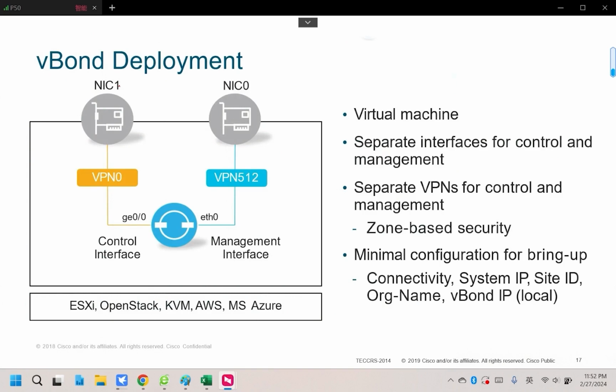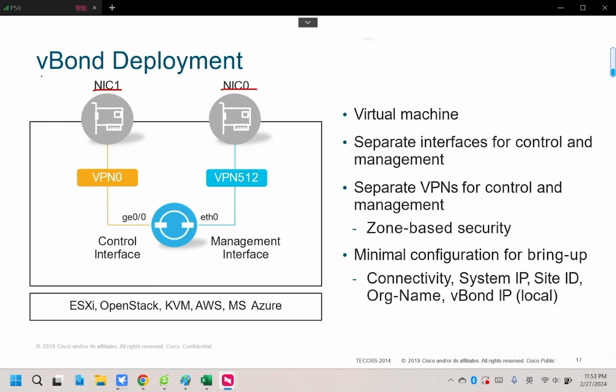Now let's look at the deployment of vbond. Similarly, VPN 512 is used for out-of-band management. The first network card is VPN 0. This is all fine. Deployment is very convenient, all in a virtual environment.